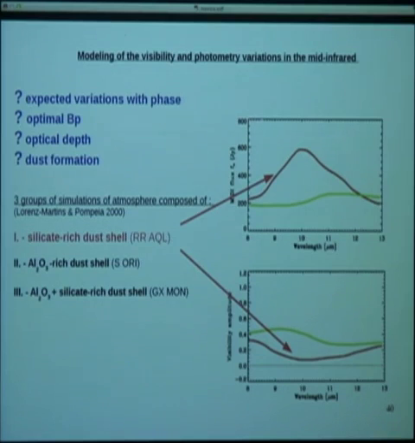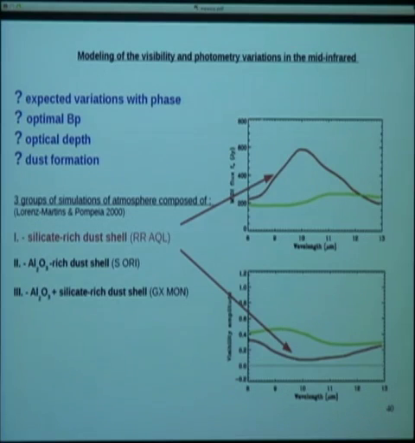We would like to understand the optimal projected baseline, the optimum distance between the telescopes, and the optimal resolution for understanding dust formation, because this is our goal. We also want to know the optical depth. And here you can see the models we performed.